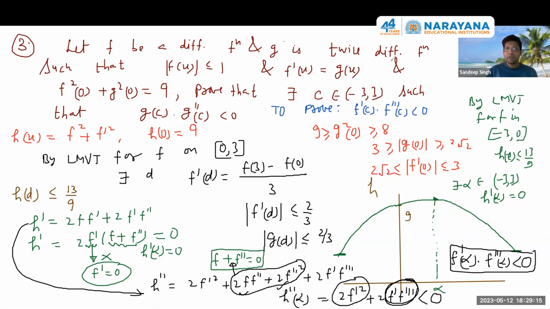So you have even been able to ascertain what that point must be. He is only asking there exists C, and we are confirmed that we can have this information only about that point, which is the point of maxima of h. This could be for sure no other point.